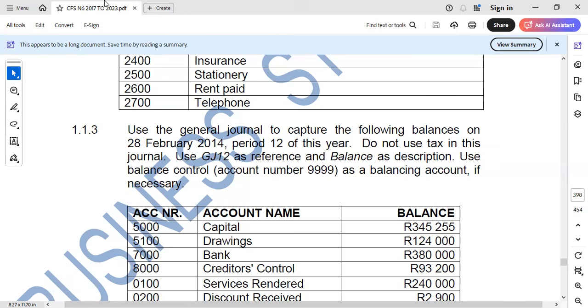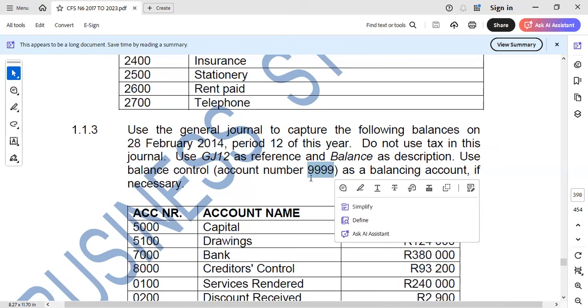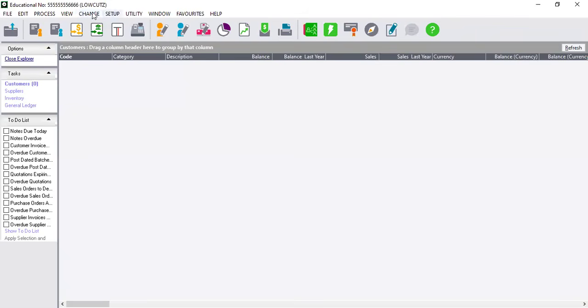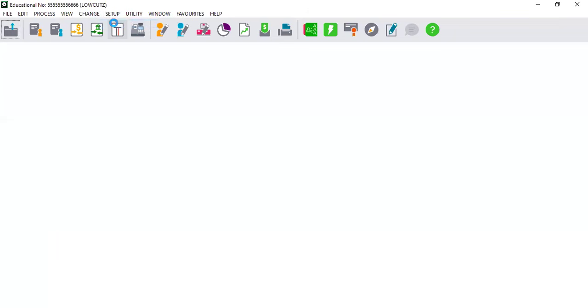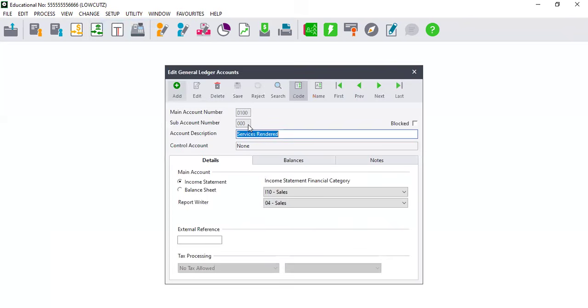before we can even start capturing this, let us add this number. Let's go to our Pastel. We are going to go there as well. Account. We add our own result to the balance account.